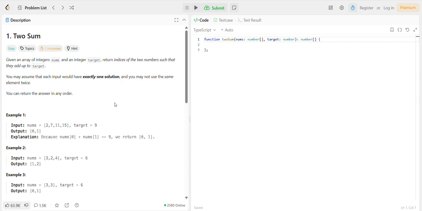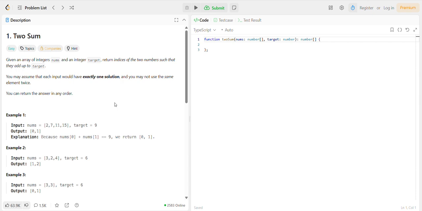So what else can we do? Well, we have a realization here that for every item x in the array, what we're looking for is target minus x. Why is that?